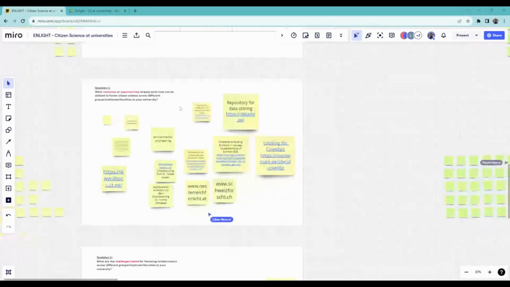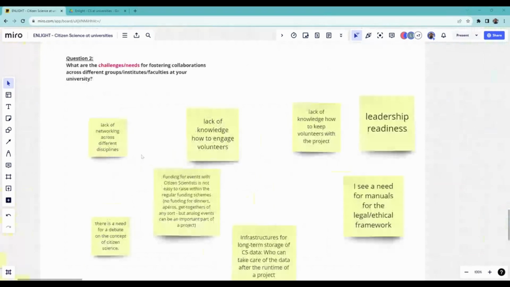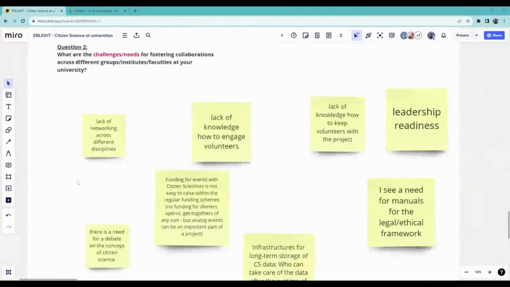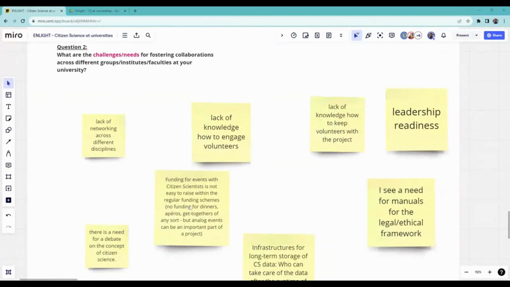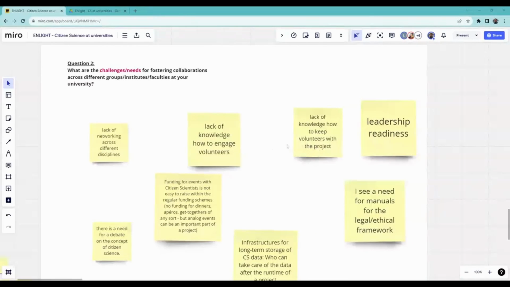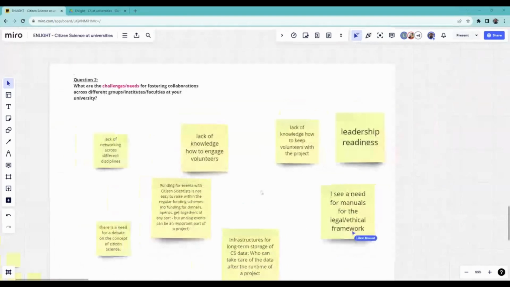For the interest of time, I move to the challenges and needs. In the challenges and needs section, we have identified quite a lot of usual suspects: funding for citizen science projects and events, and lack of knowledge on how to keep volunteers engaged or engage them in the first place.